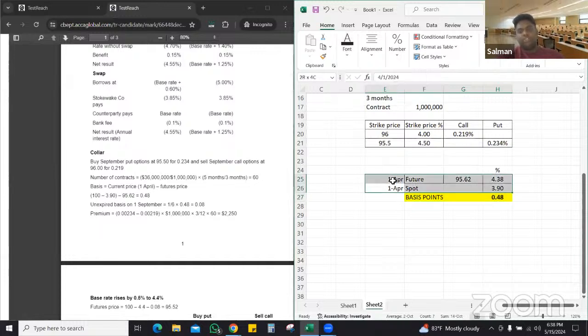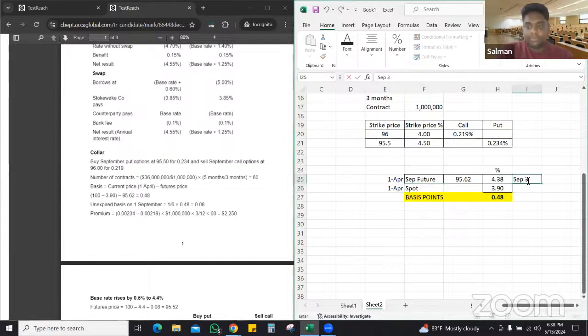Today, if you are borrowing a loan, we pay 3.9%. Today, when you are signing a futures, it is 4.38%. So there's a difference of 0.48%. So this future ends when? It's a September future. So from 1st of April, this future is expiring on September 31st. April, May, June, July, August, September, 6 months.